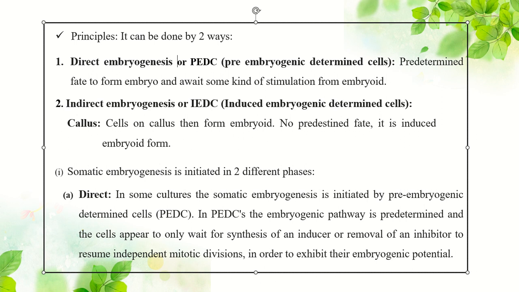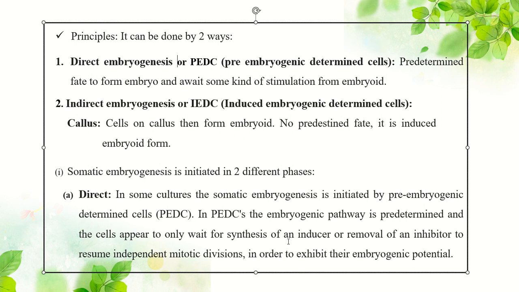Indirect embryogenesis occurs when the explant produces undifferentiated or partially differentiated cells, often referred to as a callus. Here the callus is involved, which is maintained or differentiated into plant tissues such as leaf, stem, or roots.